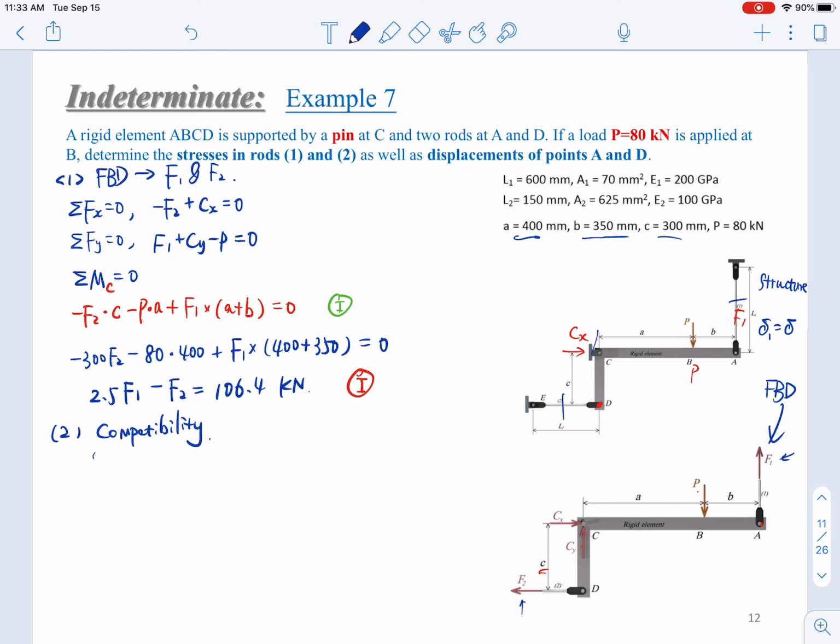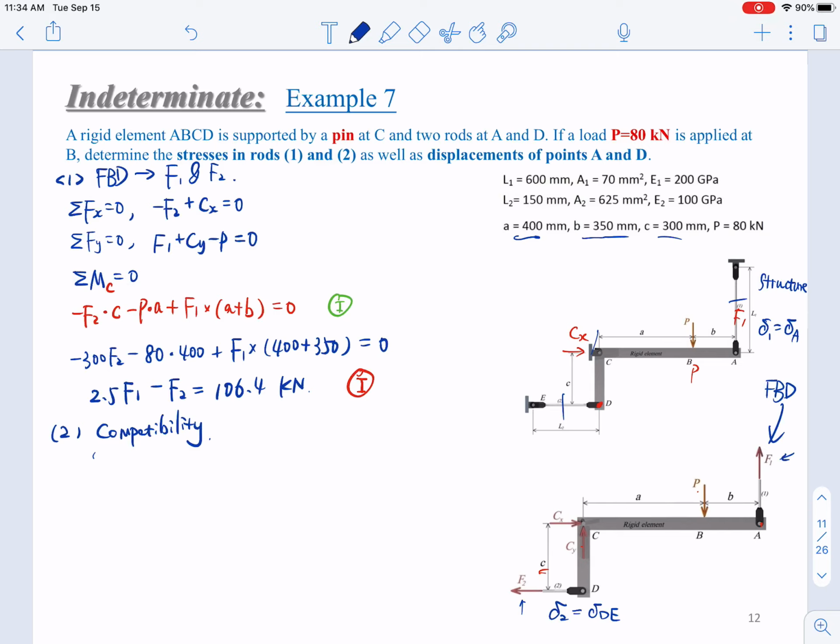Delta 1 here is delta A. Right? And delta 2 is what? Delta 2 is delta D, or delta DE. It's delta DE. Right. So let's see what we can write based on here.